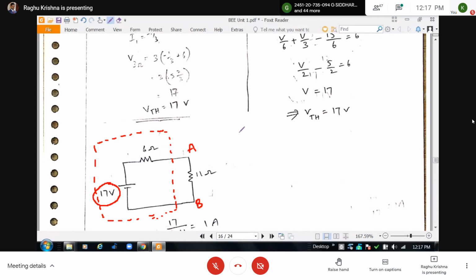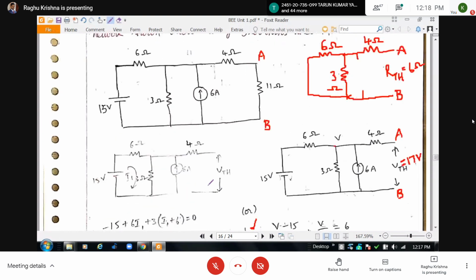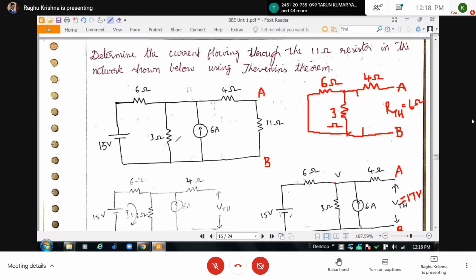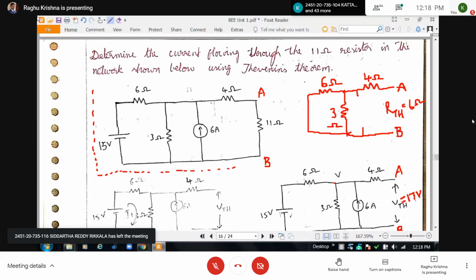Now I am going to find the current flowing through the 11 ohms resistor. I am replacing this entire circuit except the 11 ohms with the Thevenin's equivalent network.